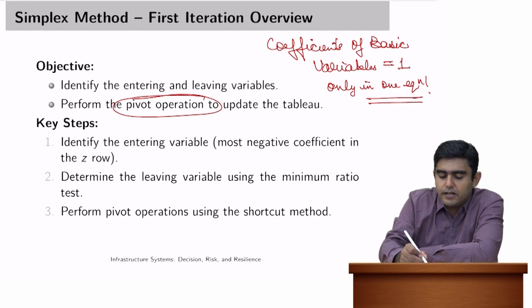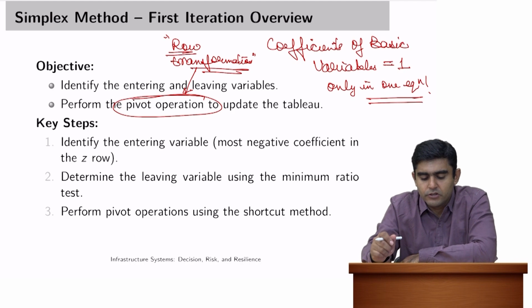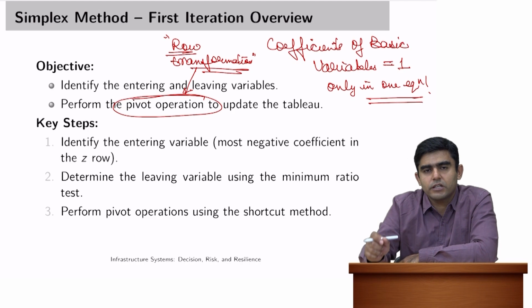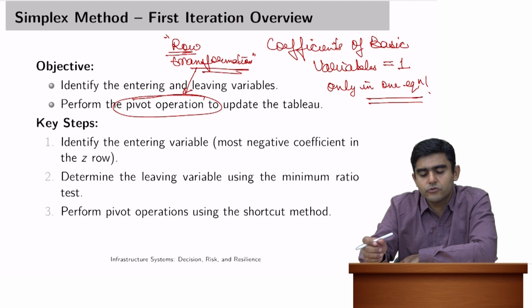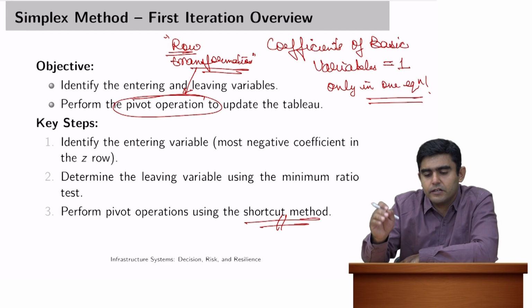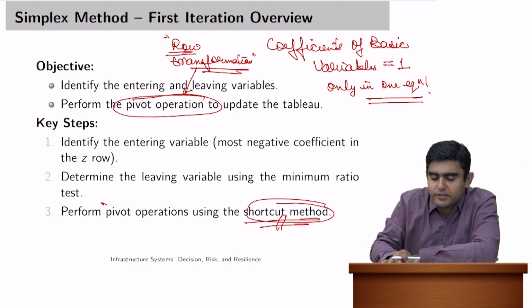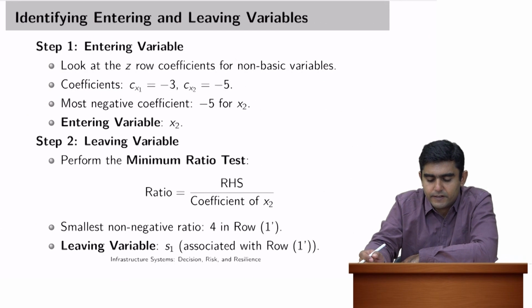Pivoting operation is nothing, again as I said, but the row transformations applied to the system of equations that we have dealt with widely whenever we talk about solving these equations, making sure that the coefficients are 1 and so on, by ensuring that all these equations are expressed in the most linearly independent form possible. And here, rather than handling the system of equations again and again, we will learn something called an easy method to update the coefficients efficiently.